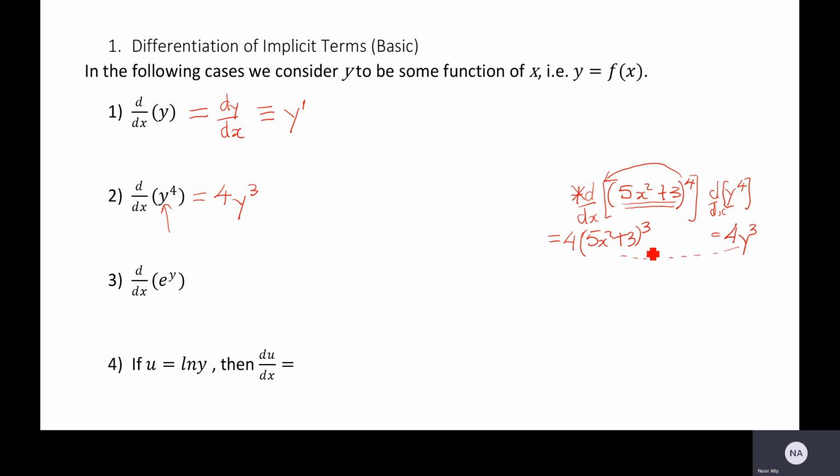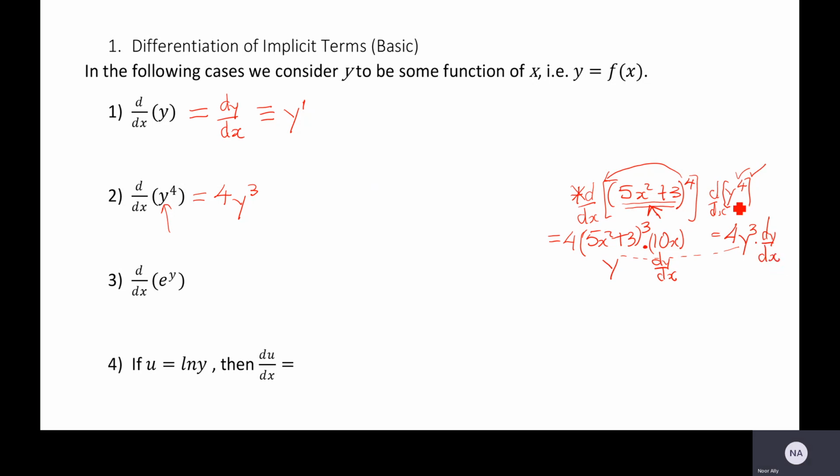But now, do we stop there? No, we don't. I then have to differentiate inside that bracket, and the derivative of 5x squared will be 10x. So I have to multiply by 10x. So that is my y, and then this is the derivative of that y. And hence, when I differentiate y to the 4, I follow the normal power rule followed by the chain rule.